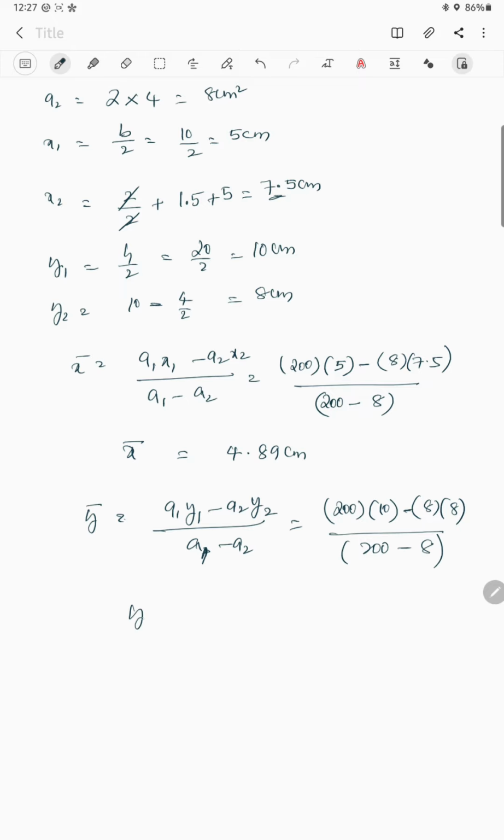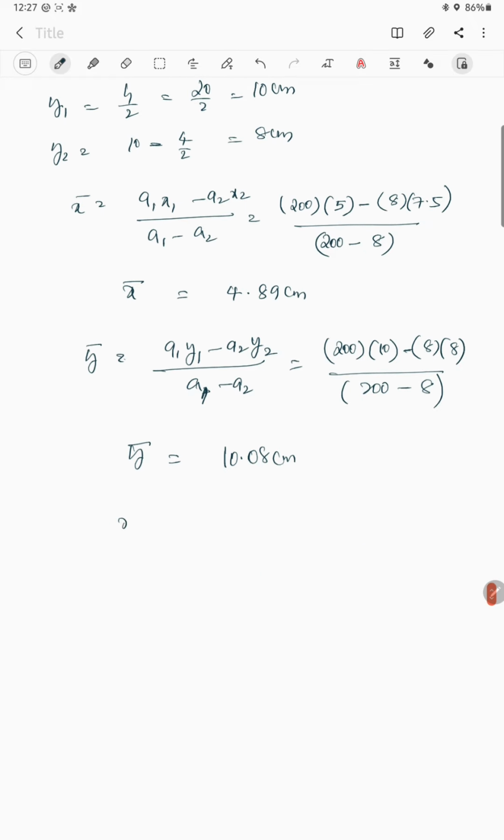Once you solve this one, you'll get the value of y bar as 10.08 centimeters. So the final centroid of the given figure, x bar comma y bar, is equal to 4.89 comma 10.08 centimeters. This is the final answer of the given figure.